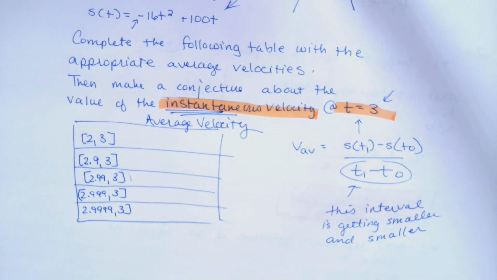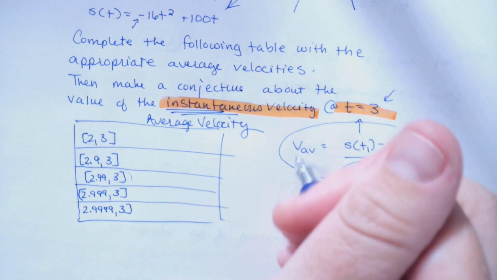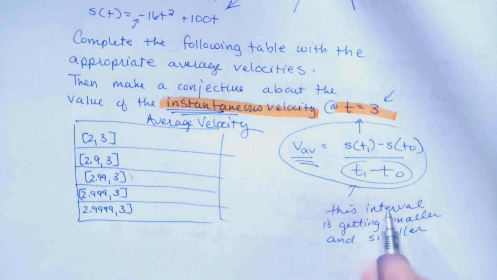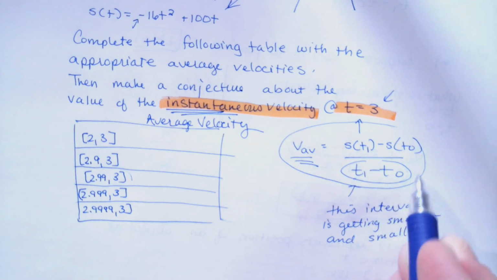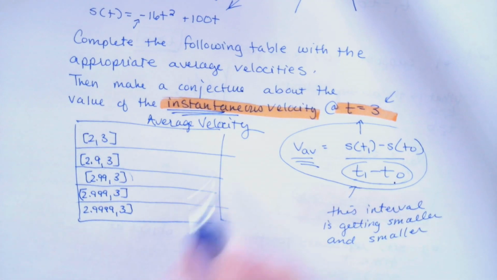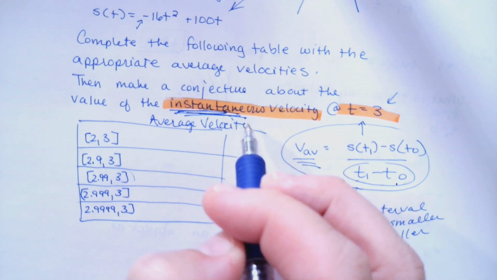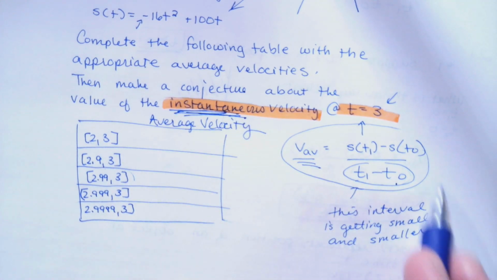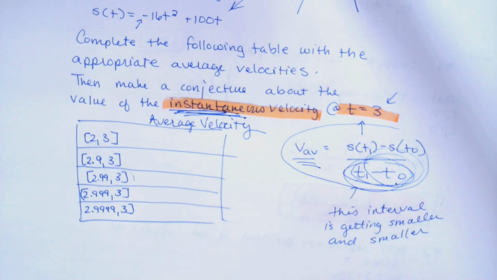Eventually we're going to look at what this V average is when this gets infinitely small. When it gets infinitely small, we're approaching zero. When we want the instantaneous velocity, we look at the average velocity as this distance approaches zero.